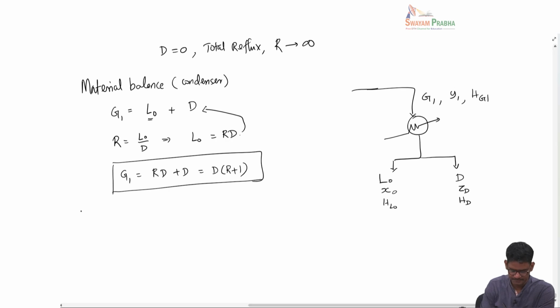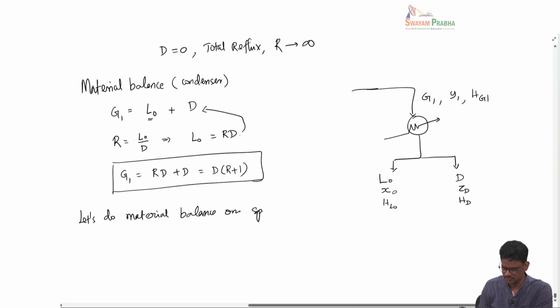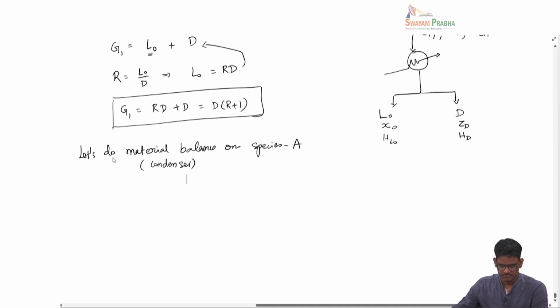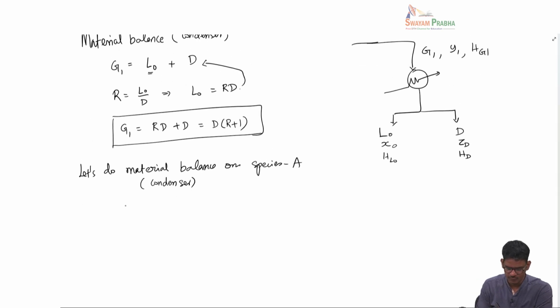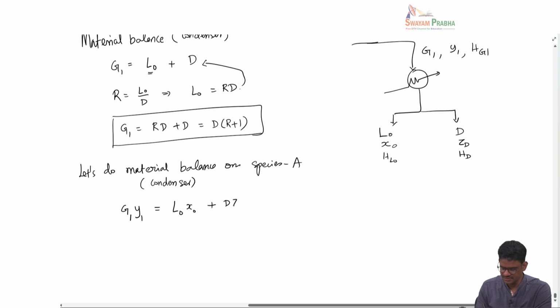Now let us do material balance on species A in the condenser. So the number of moles of A that is coming in is G1 Y1, and the streams that are leaving out is L naught times X naught plus D times ZD.